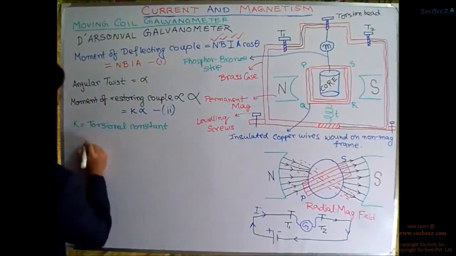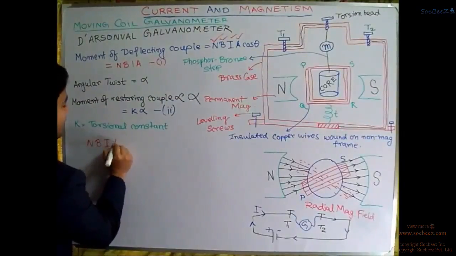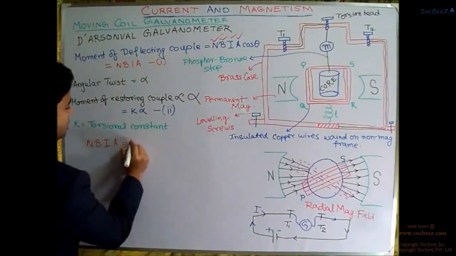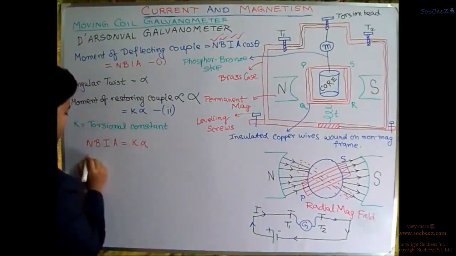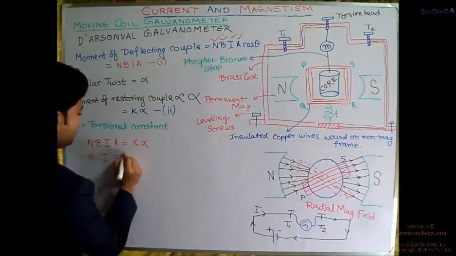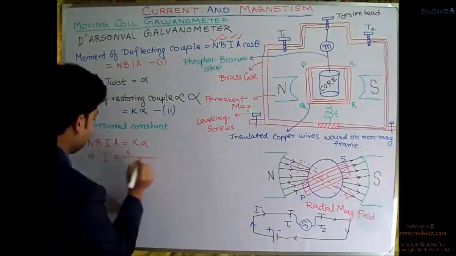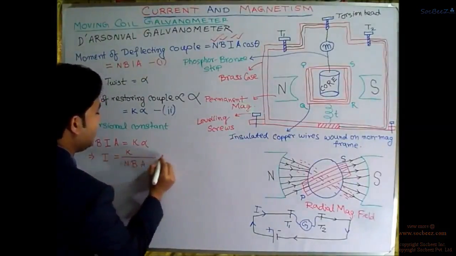So, we can write that NVIA is equal to K alpha. Or in other words, we can write I is equal to K divided by NVA, times alpha.